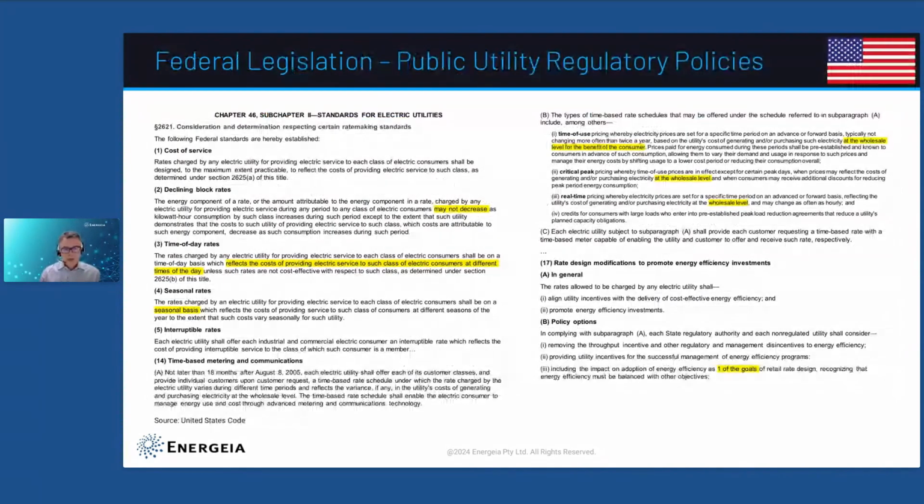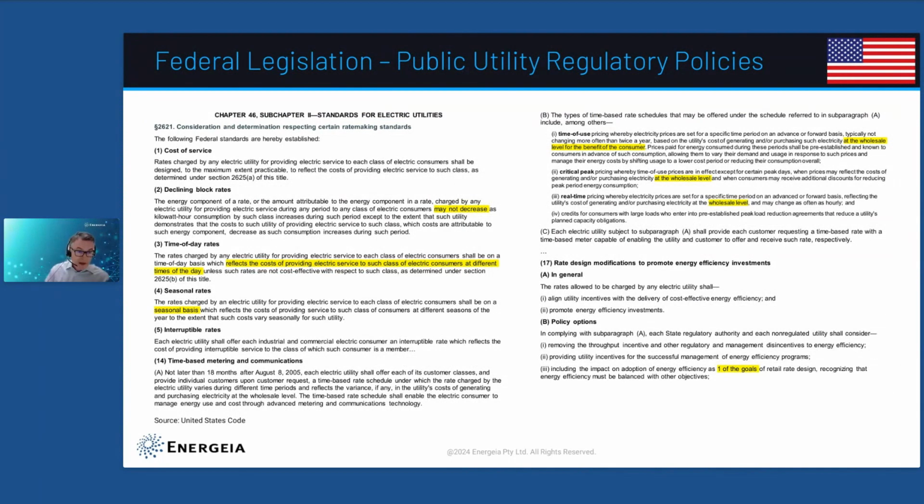So, with respect to specific governing law, and I'm sorry this is maybe smaller than I would ideally like it to be, but under federal legislation, under that PURPA Act, they have some key guidelines for how rates should be designed. Some are around declining block rates. That's no longer okay, even though there are some economic arguments as to why incremental costs may be lower than initial costs.